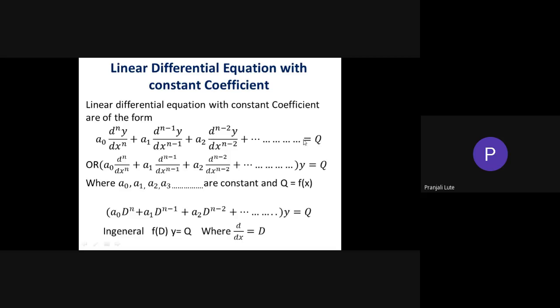Means in this differential equation, the right hand side is always in terms of x, so we denote it as Q.